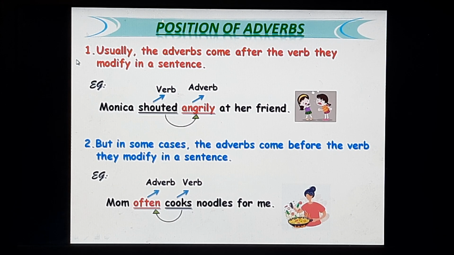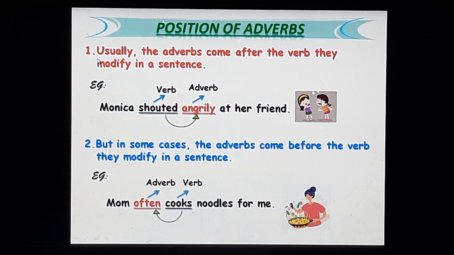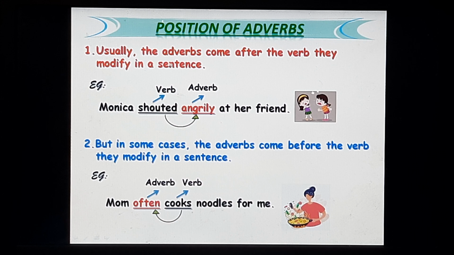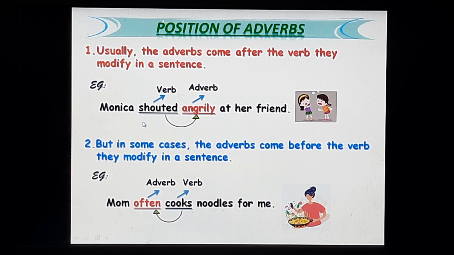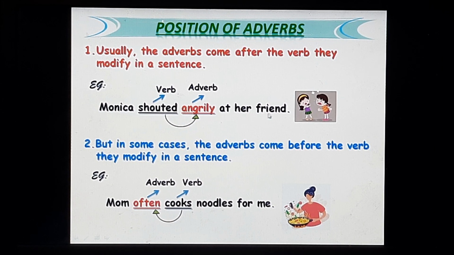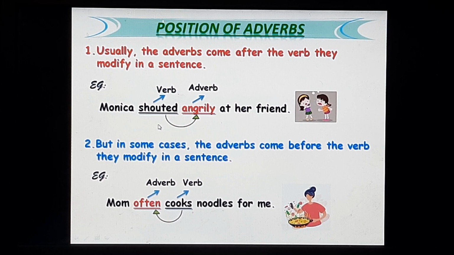Now let's see the position of adverbs in a sentence. Usually the adverbs come after the verb they modify in a sentence. Example, Monica shouted angrily at her friend. Shouted how? Angrily. That's your adverb. Now see the position. It comes after the verb.